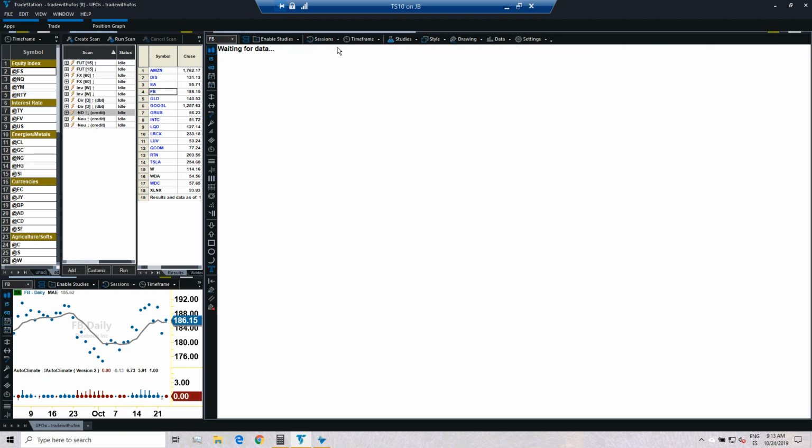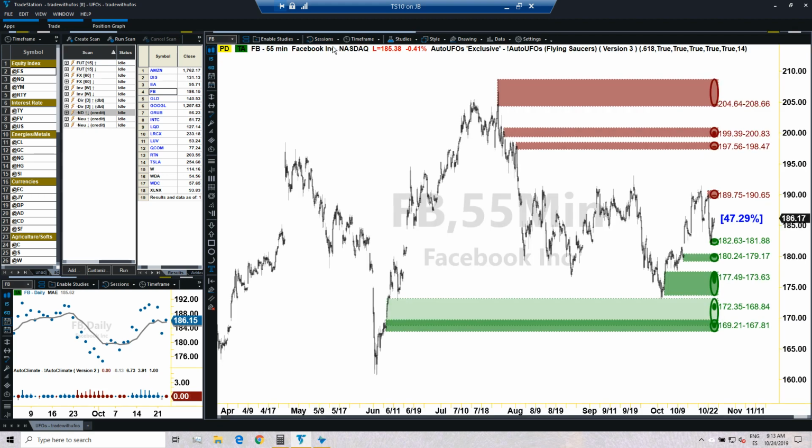So what about the regular session? It's still pending data, so we're going to wait a second. Come on, pending data. I just want to compare the stats that we got with the regular session compared to pre and post market.